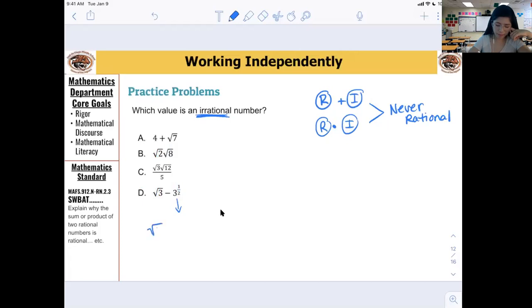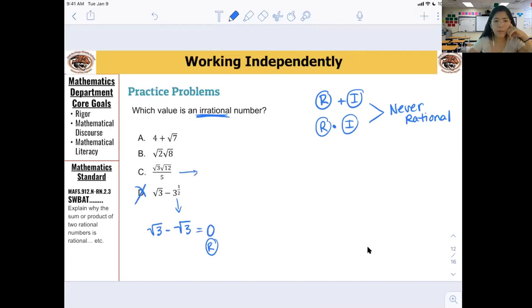Square root of 3. What's the square root of 3 minus the square root of 3? 0. What type of number is 0? Rational. So it's not D.